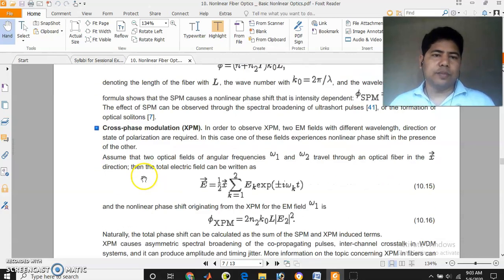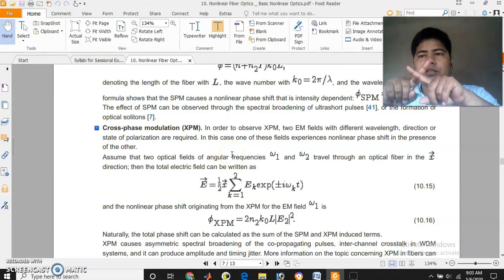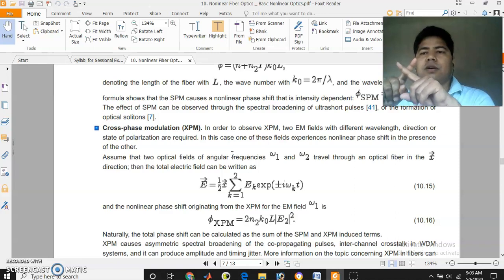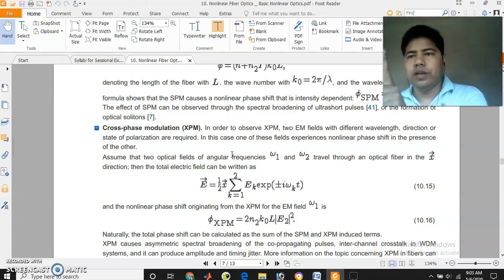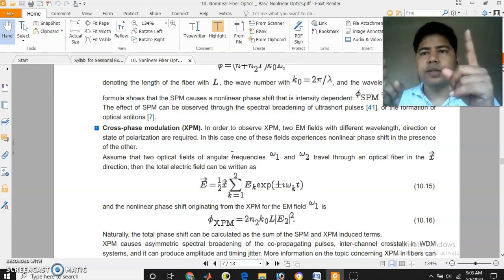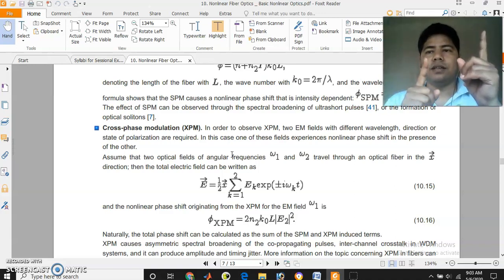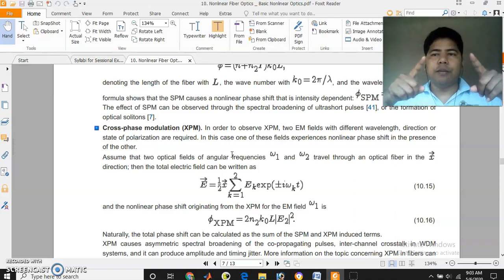Okay, now the next topic is cross phase modulation. Here you can see cross phase modulation. For the occurrence of cross phase modulation, you require two optical waves, meaning two electric fields should be applied to a nonlinear fiber.